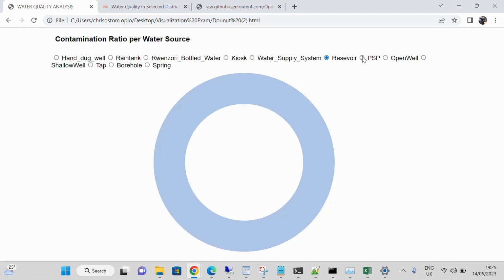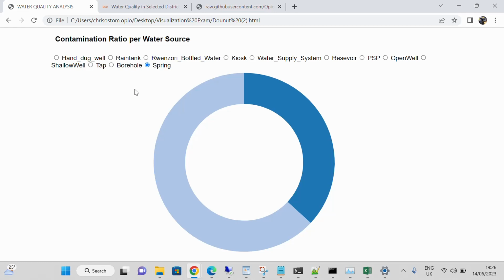Reservoir, none of them was contaminated. P2P, only a small portion was contaminated. Tap, borehole, spring, and so on and so forth. This donut graph shows you a snapshot of the contamination ratio per water source.